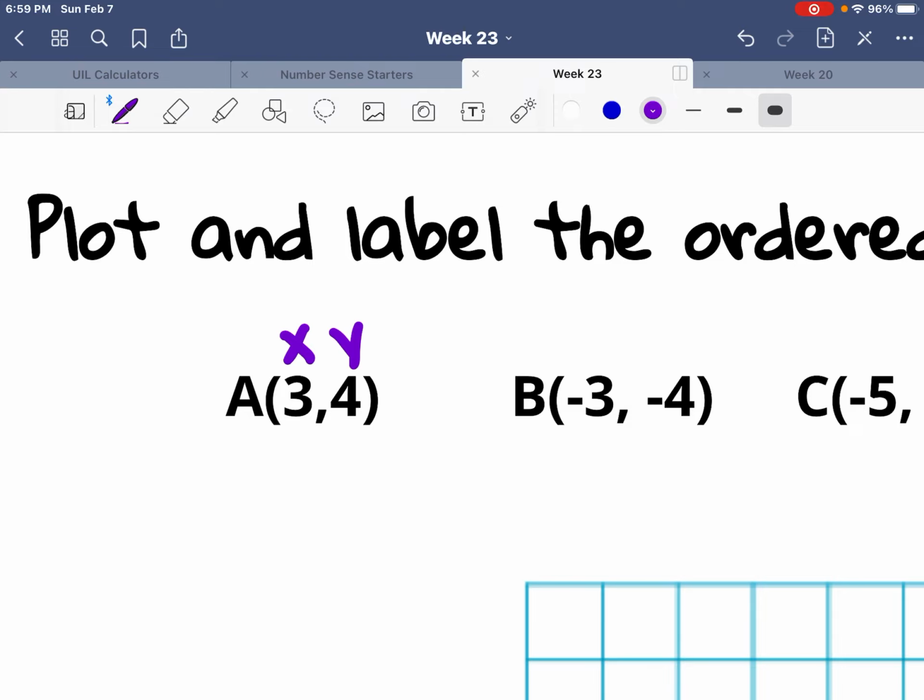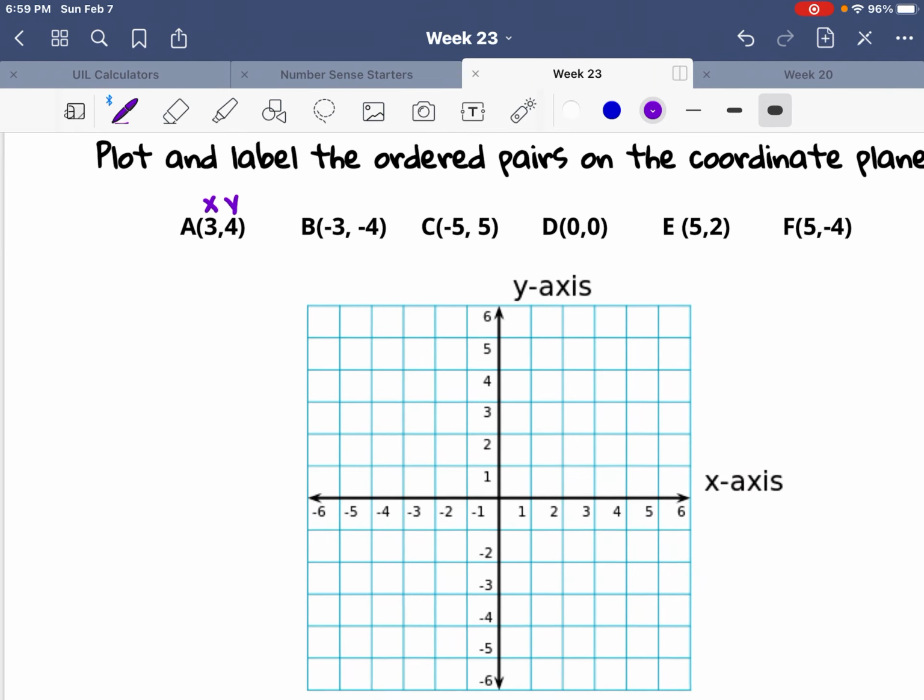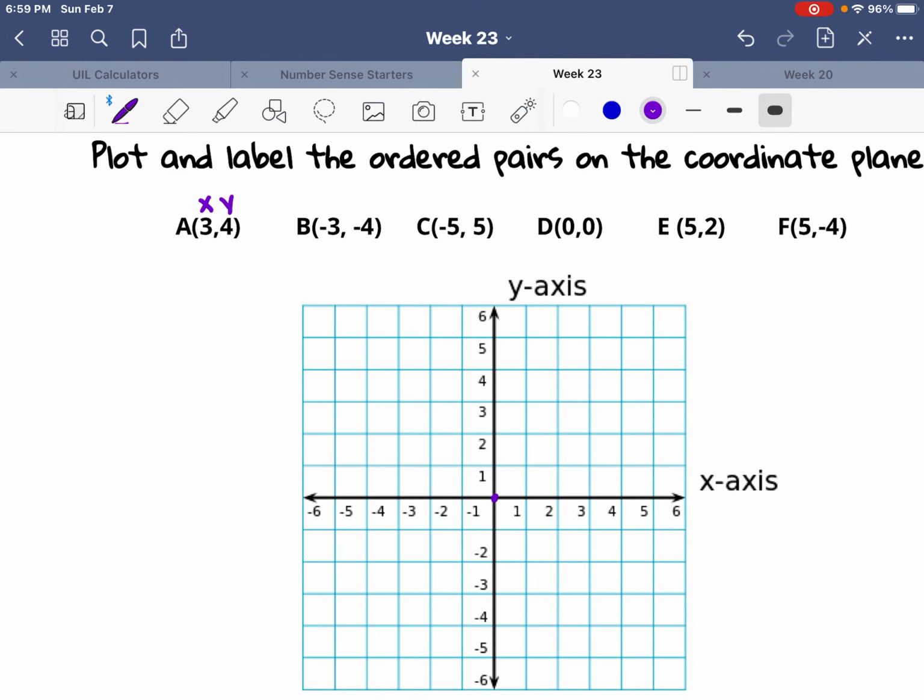So the way that you plot the points is you start at the origin always, in the middle of both number lines actually, and you move to the first number, the x-coordinate, on the x-axis. So here's the x-axis, and I'm going to find the number 3 on the x-axis. So I'll move to number 3. But I'm not plotting my point there. I'm just finding that there.